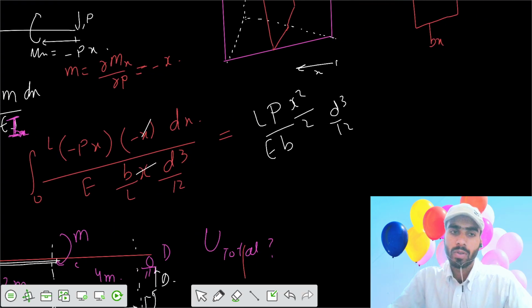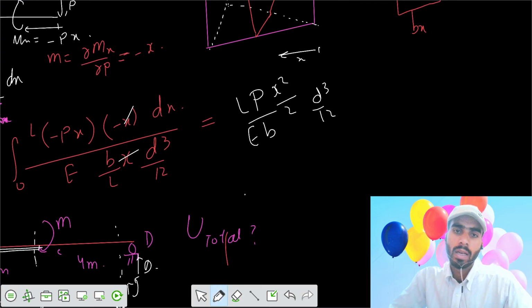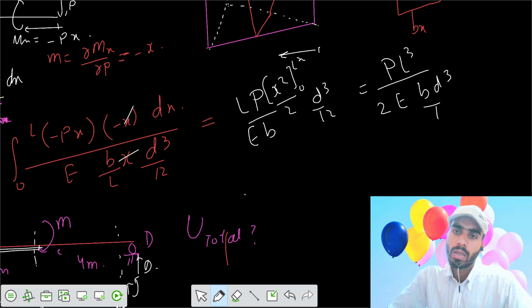Substituting x equals L, we get P L cubed by 2 E b d cubed by 12, that's equal to P L cubed by 2 E I max, delta.